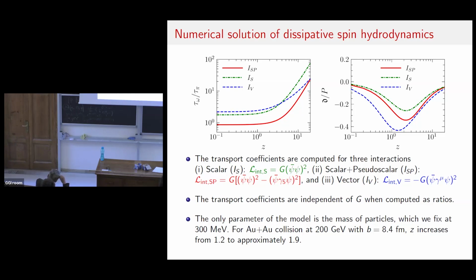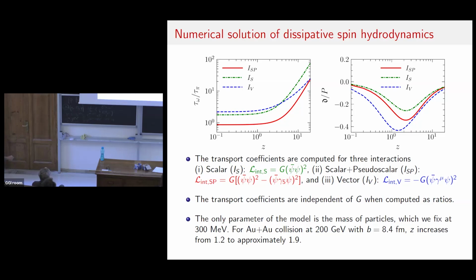Now to analyze our spin polarization data, we will be analyzing the data in 20 to 50% centrality, for which we have checked that the mean impact parameter is 8.4 Fermi. With this impact parameter, if we evolve the system and define a mean temperature, then the mean Z is essentially in the range 1.2 to 1.9.